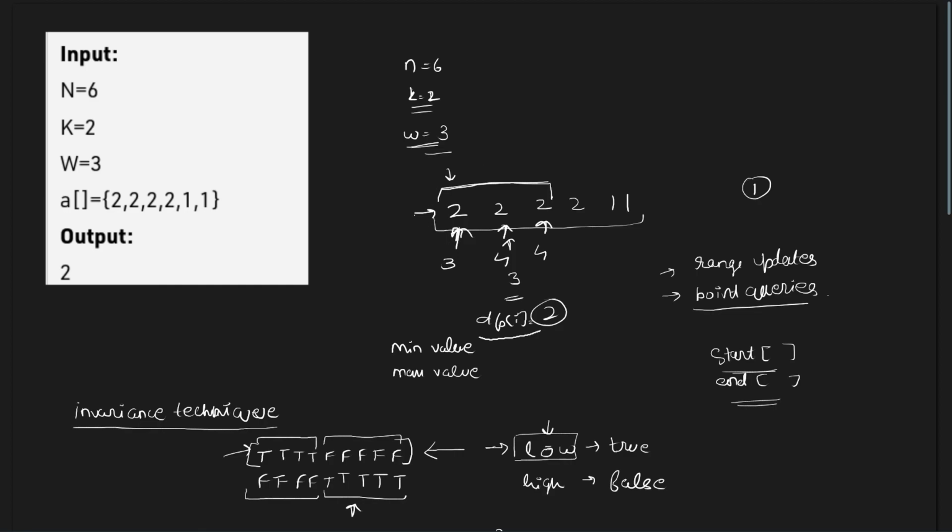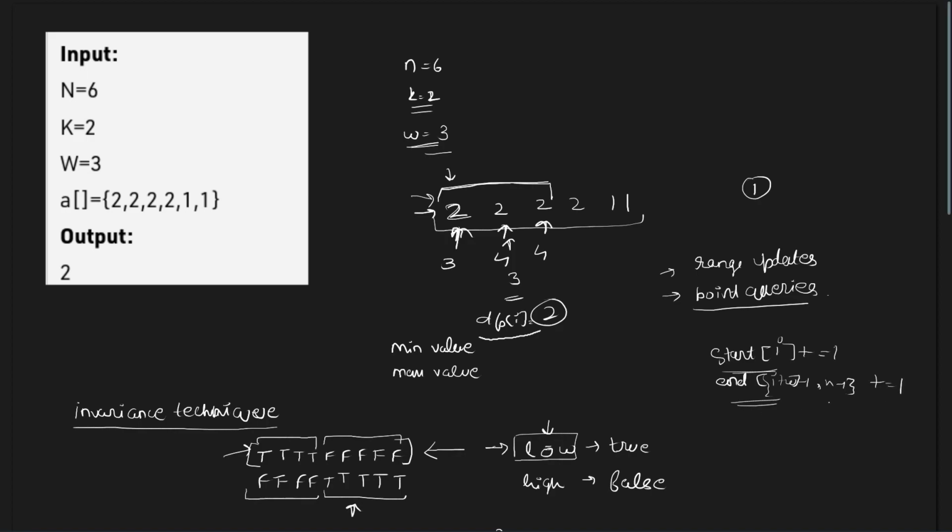Now the question is, how do we actually go about increasing the values? For example, if I am at this particular position 2, I see that if I want to make them 3, I need to increase it by 1, right? So start of I, or in this case start of 0, will increase by 1, and end of I plus W minus 1, comma, minimum of n minus 1, the minimum of these two values will also be incremented by 1, right?